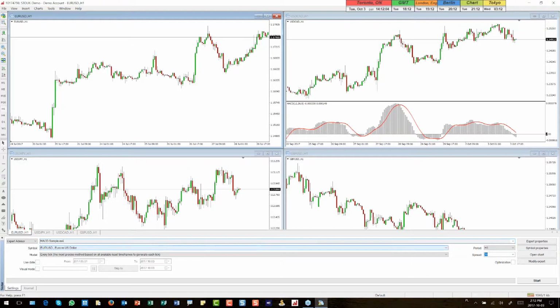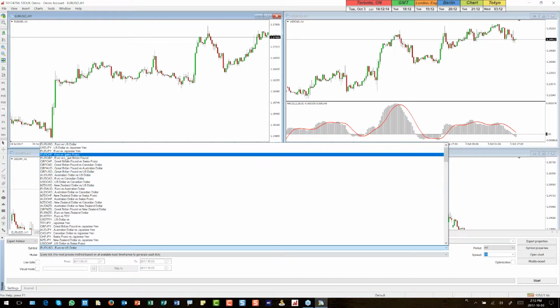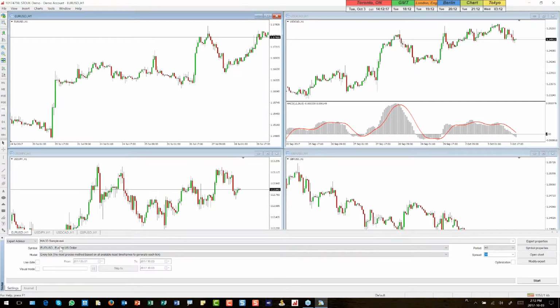So what we're going to do is go to View, and there is the Strategy Tester, or you can use the shortcut Control plus the letter R. Then on the bottom we have the Expert Advisor, which is the default sample, the MACD Sample EA.